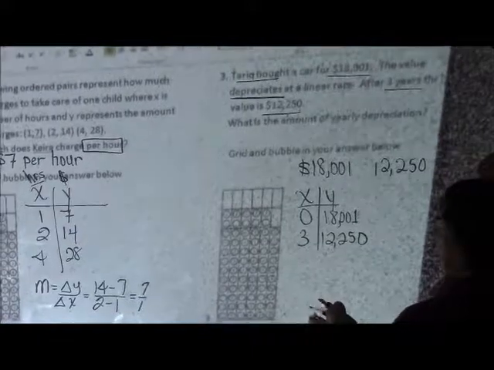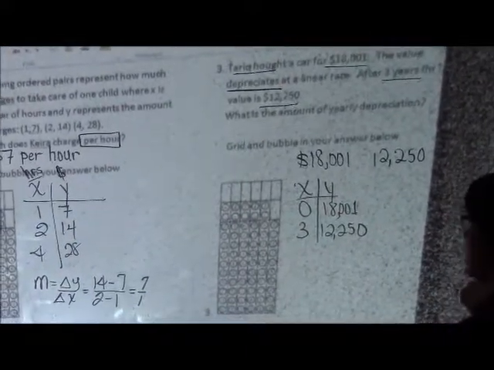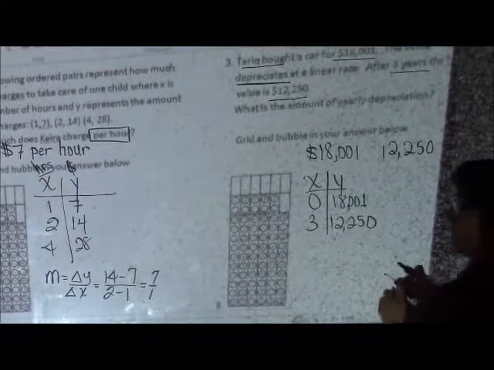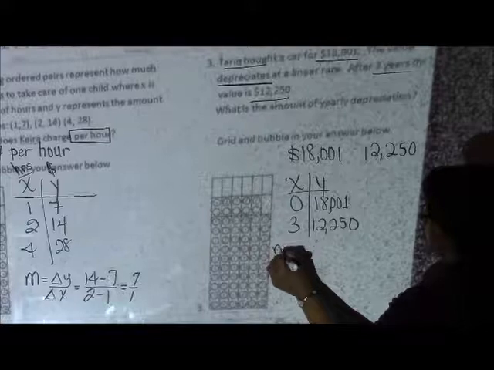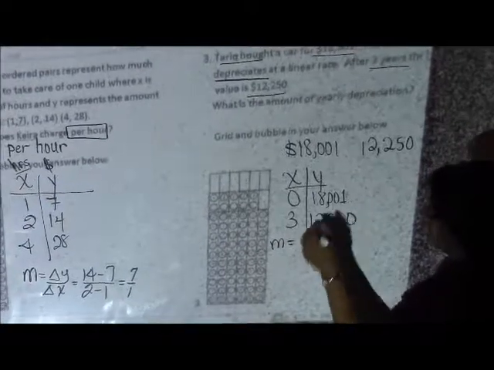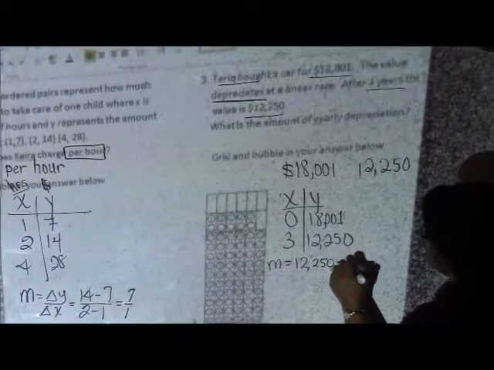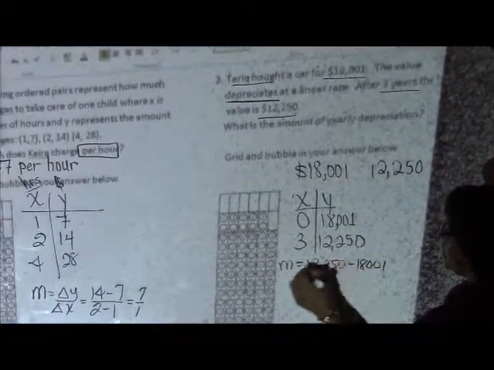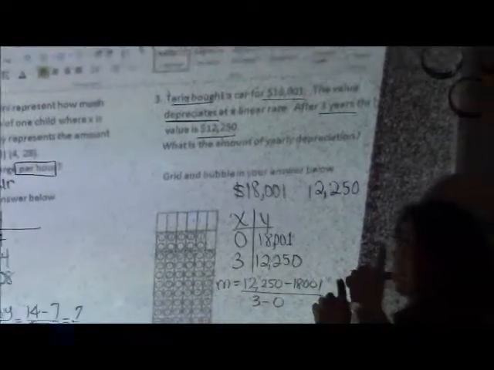So what you can do here to find out how much it depreciated is you can find the rate of change or the slope. So again, your slope is equal to change in y, which is 12,250 minus 18,001 divided by change in x. We can see already it's going to be a negative number.